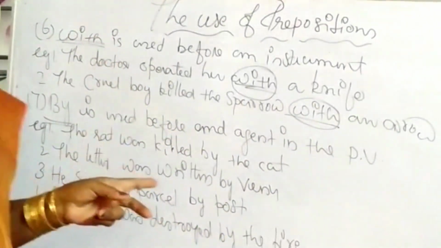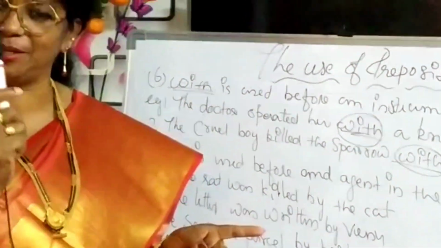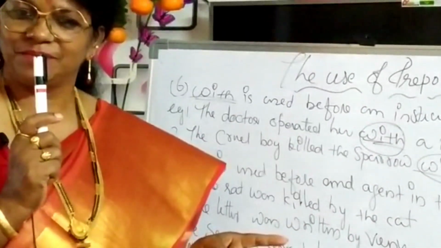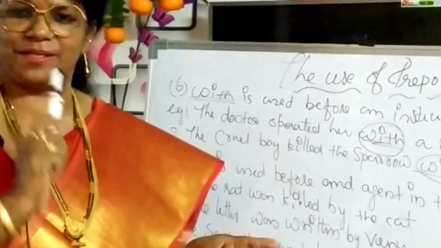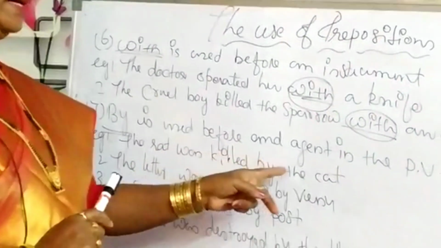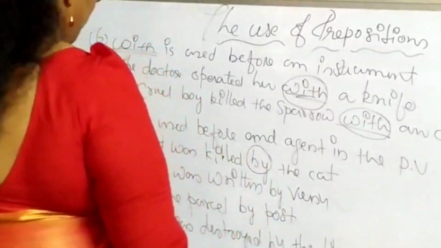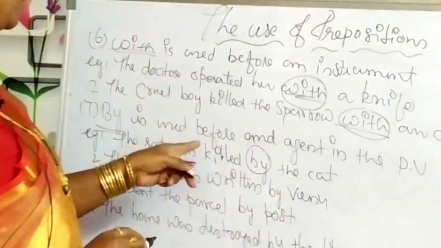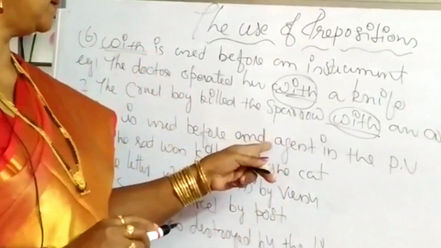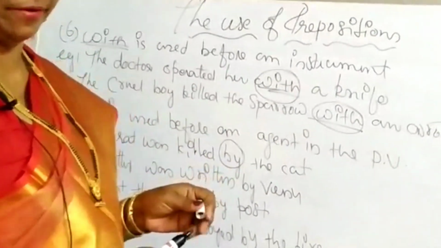By. By, we know that. Where will we use by? As an agent in the passive voice. We all know that: the rat was killed by the cat. Here, by is used before an agent in the passive voice.